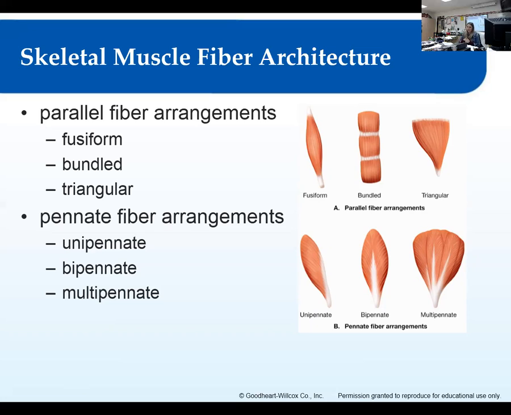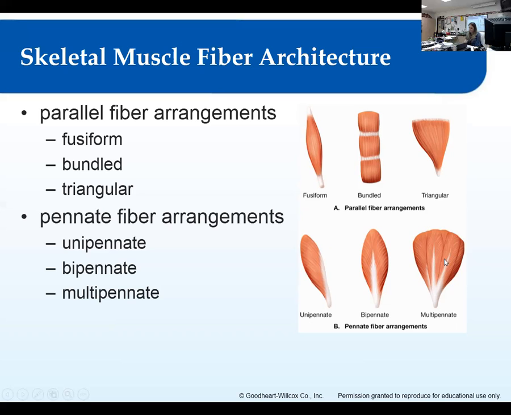And sometimes it attaches to more than one. So unipennant would be that it's got one, right? See, look how it attaches on either side of this. And then multi, it's got multiple ones there. So certain muscles of the hand are unipennant, and the rectus femoris, a member of the quad in the thigh, is bipennant, and then the deltoid is actually multipennant.